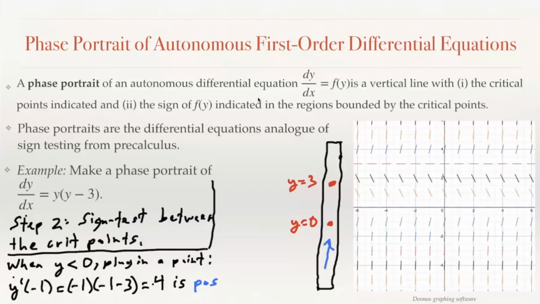And by the way, why must it always be increasing there? Well, the only way that the slope can transition from increasing to decreasing, hypothetically, is for it to pass through a place where the slope is 0.